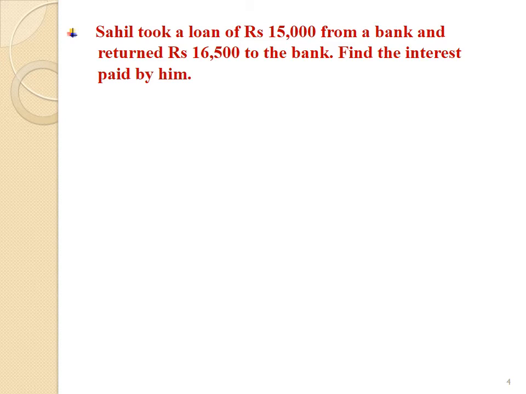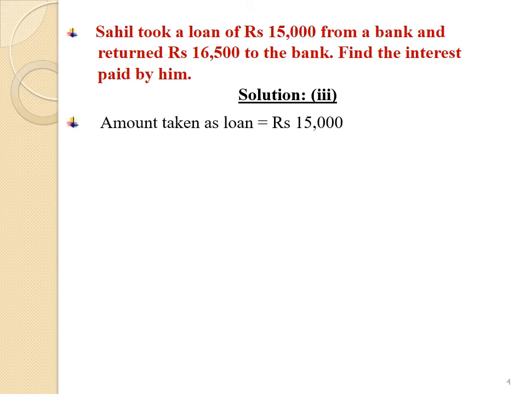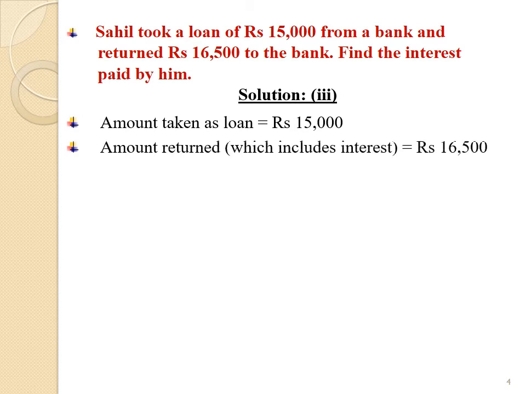So now, let's solve sum number 3. Amount taken as loan by Sahil equals rupees 15,000. Amount returned by him to the bank equals rupees 16,500. Therefore, interest equals to how much?